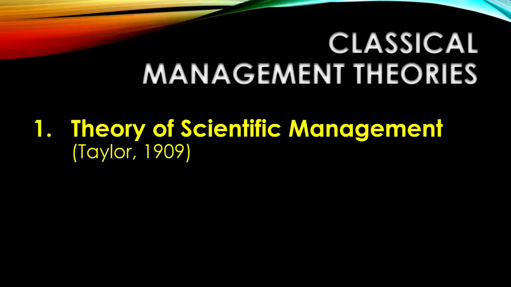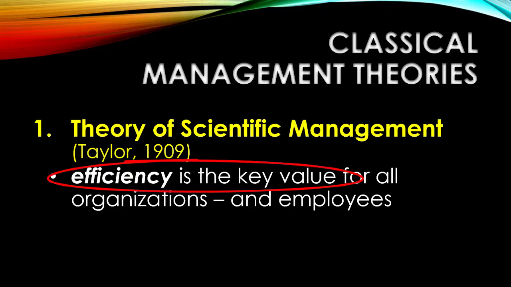Indeed, this idea that no piece of the machine is absolutely essential and everything can be potentially replaced was pioneered by the first significant theorist in organizational communication, Frederick Taylor, who in 1909 develops the theory of scientific management. From the standpoint of this theory, efficiency is the key value for all organizations and all employees within that organization.